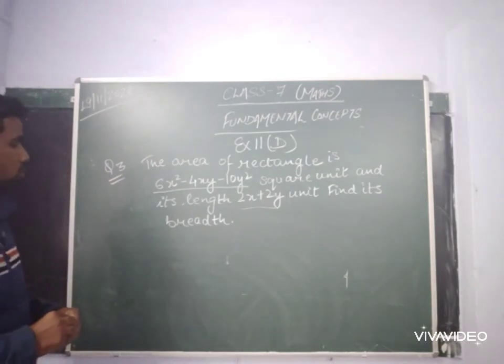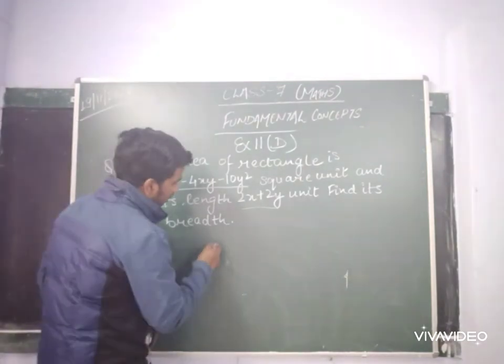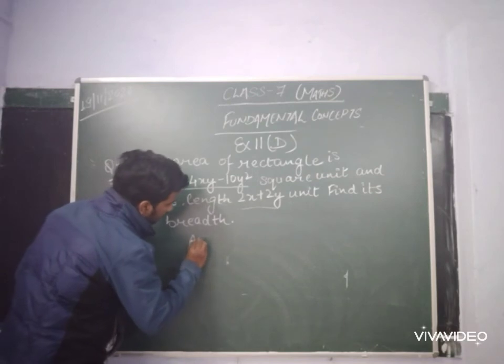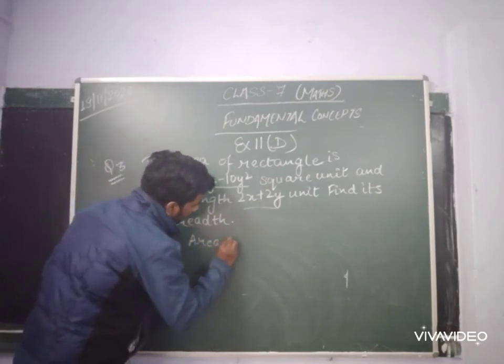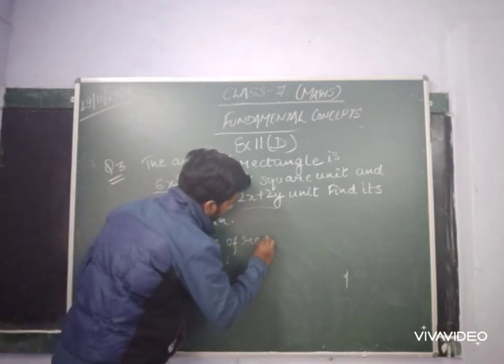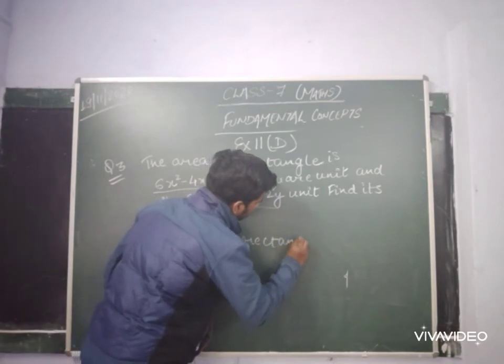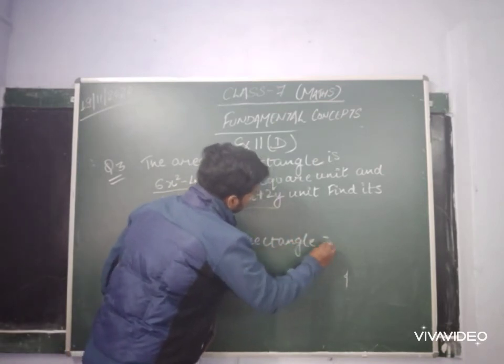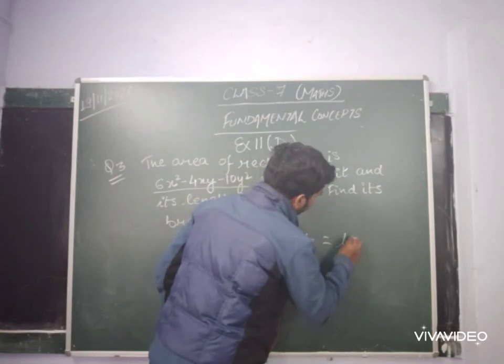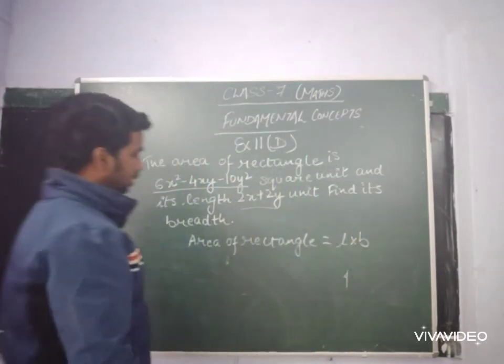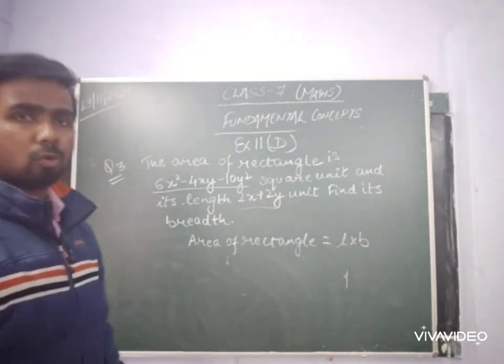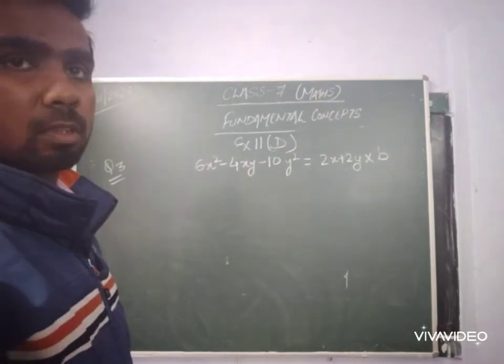So how to solve this? We know that area of a rectangle is equal to length into breadth. Clear?